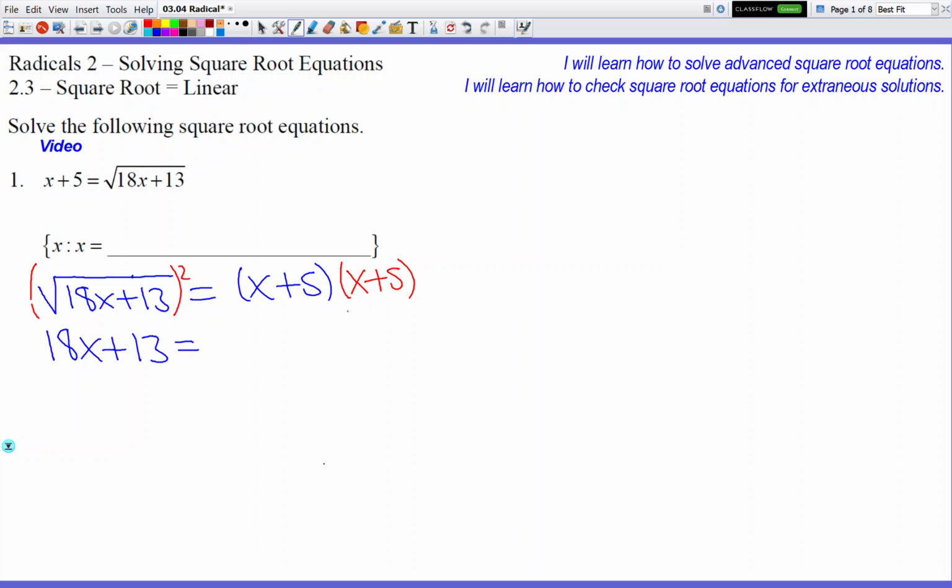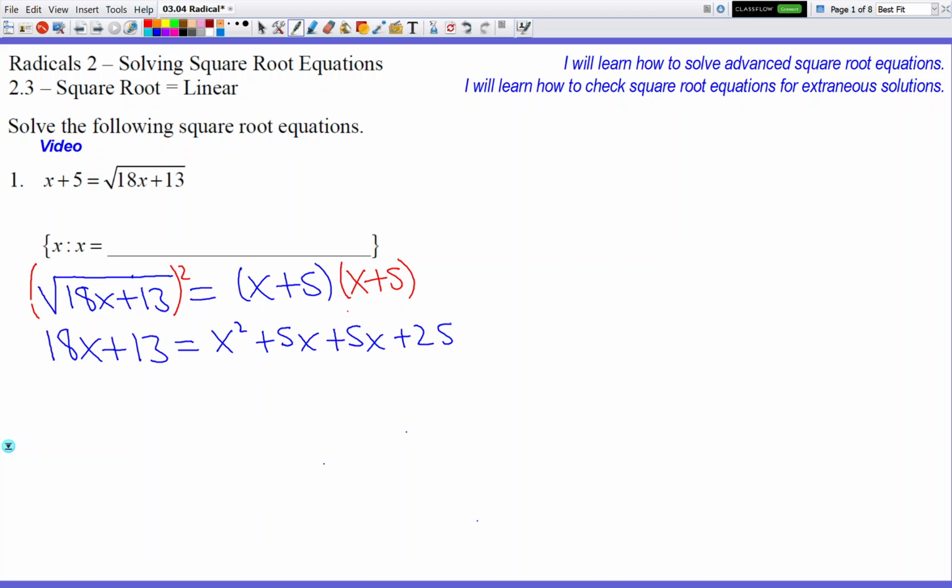The right side, you're going to FOIL. So I hope you guys remember your foiling, where you go x times x, x times 5, 5 times x, and 5 times 5. That's foiling. So x times x is x squared, x times 5 is positive 5x, 5 times x is 5x again, and 5 times 5 is 25.